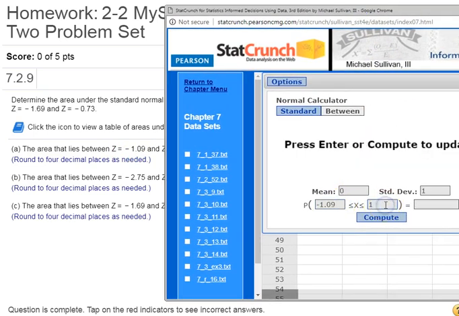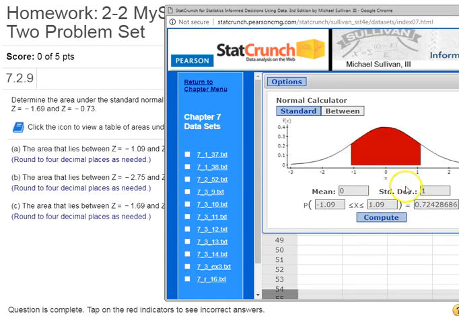If we type those in and hit Compute, it gives you the illustration that we're looking at the area between those two z-scores and the probability that a randomly chosen data value would fall within that region.